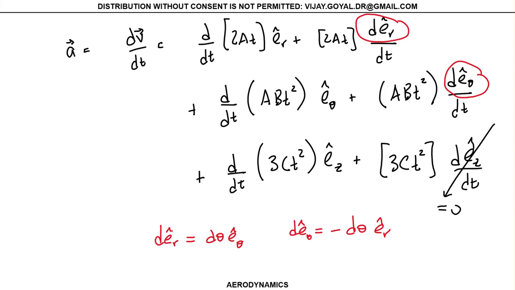So let's go ahead and do some math here. The rest becomes a pure exercise of mathematics.